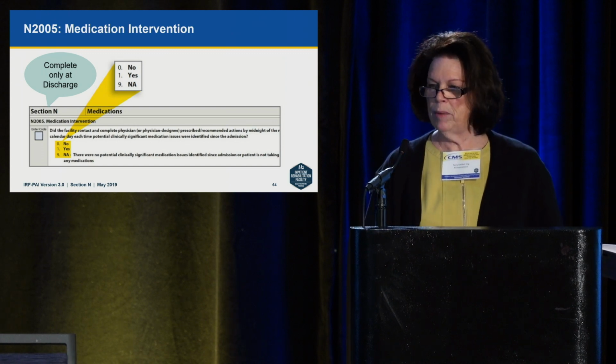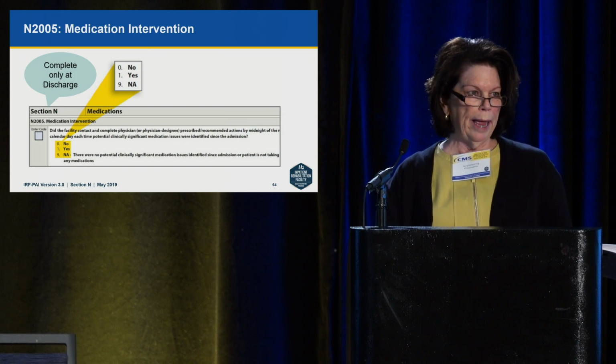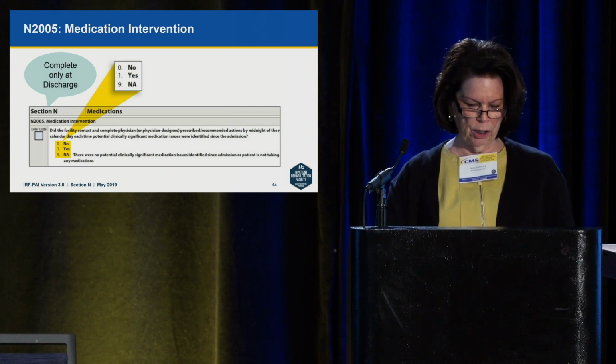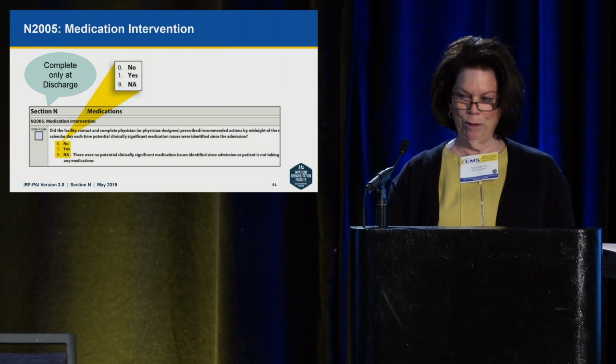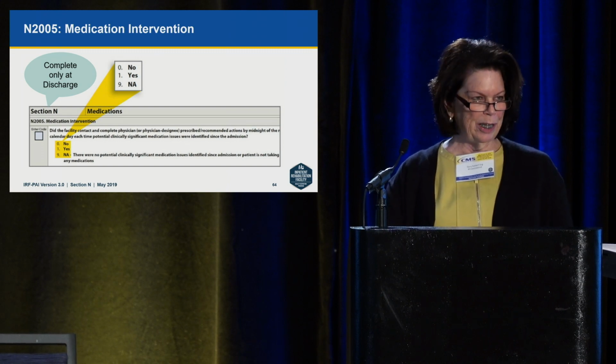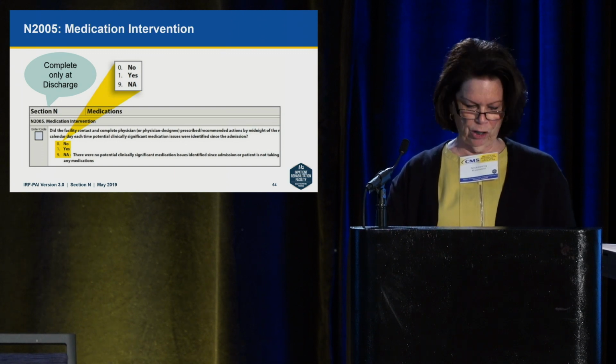Okay, so N2005 is the medication intervention, and that is the one discharge data item. And as I've repeatedly indicated and will emphasize again, the observation period for this item is from the date of admission through discharge.